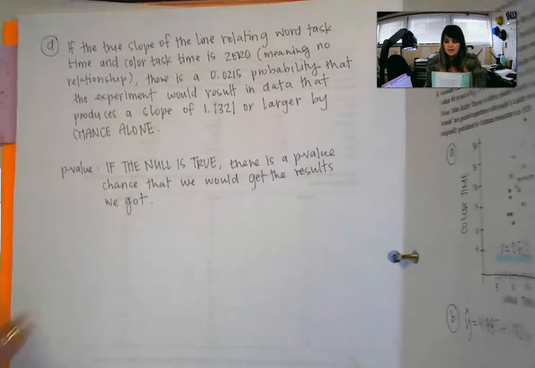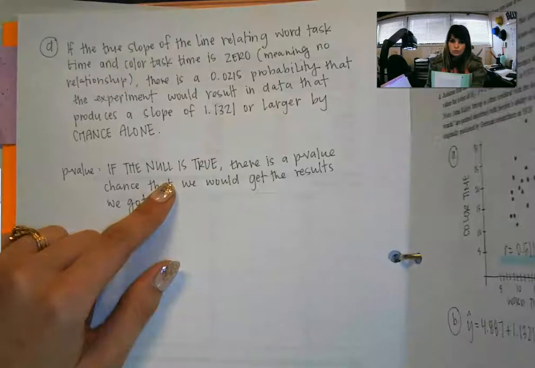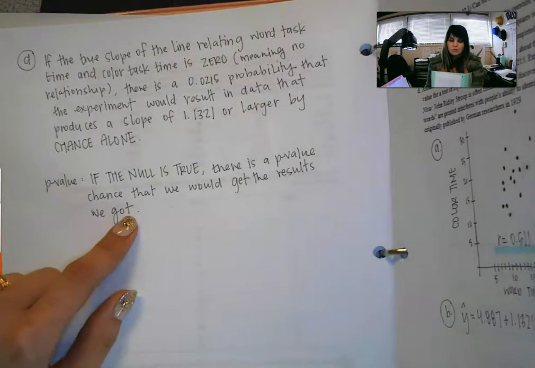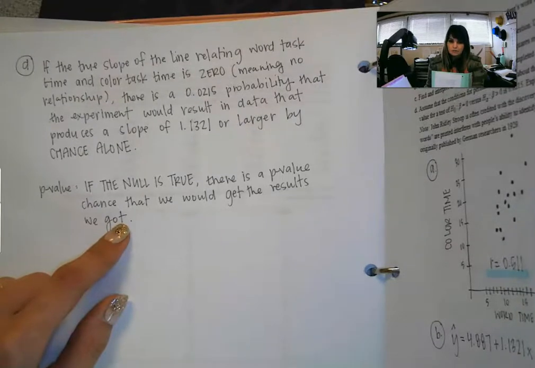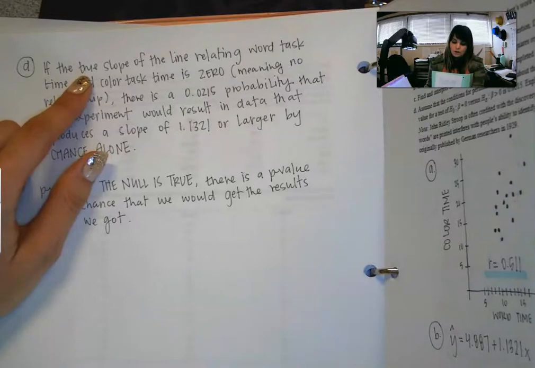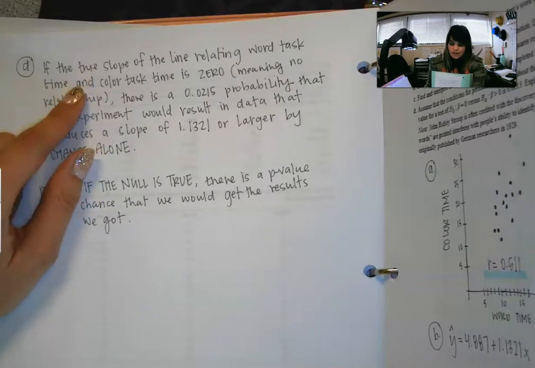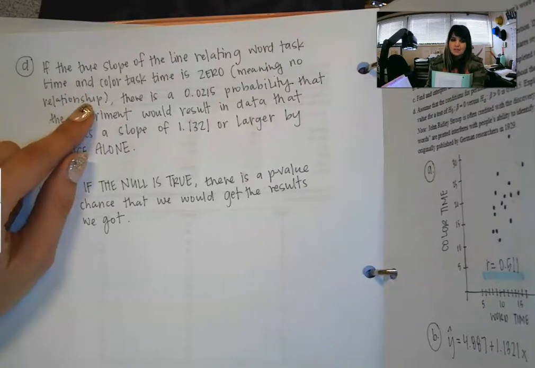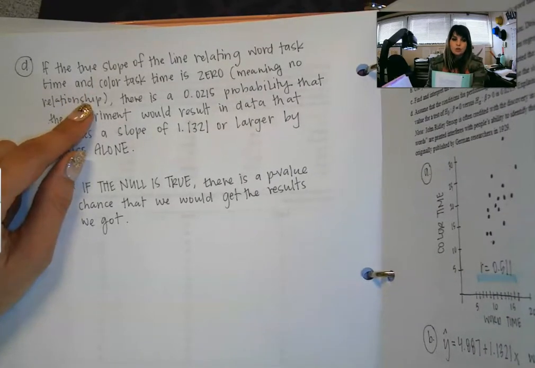the p-value is saying if the null is true, there is a p-value chance that we would get the results that we got. So, if the true slope of the line relating word task time to color task time is 0, meaning there's no relationship.